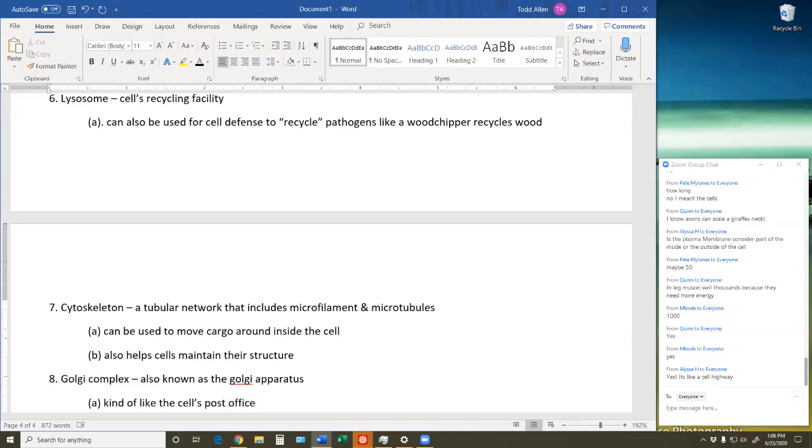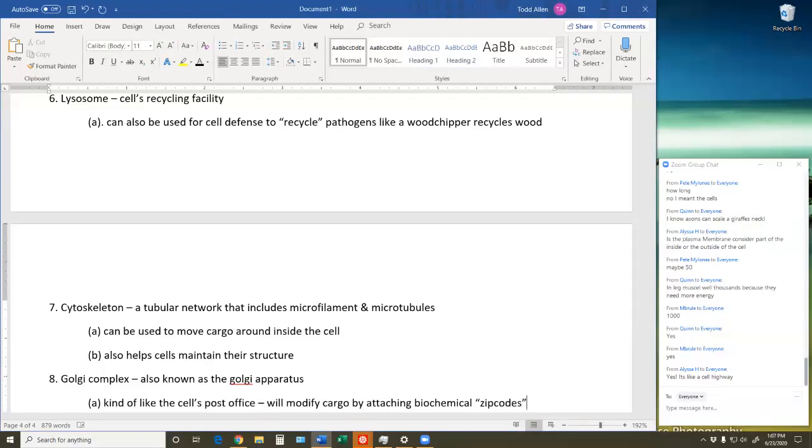add biochemical zip codes to cargo so that the machinery of the cell knows where in the cell it's supposed to deliver that cargo. Okay? So the Golgi will modify cargo by attaching biochemical zip codes, right?